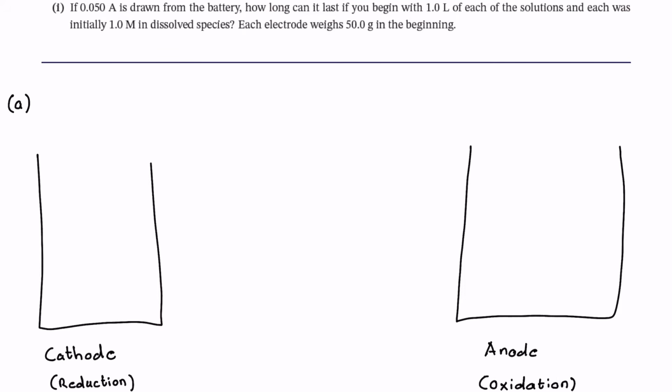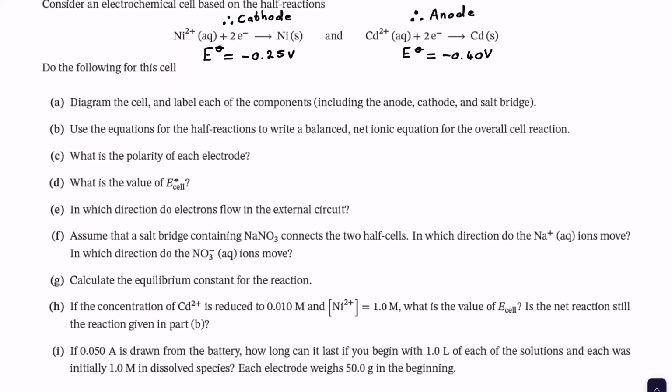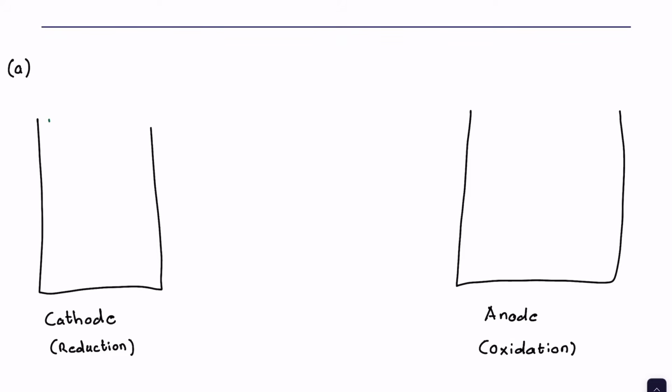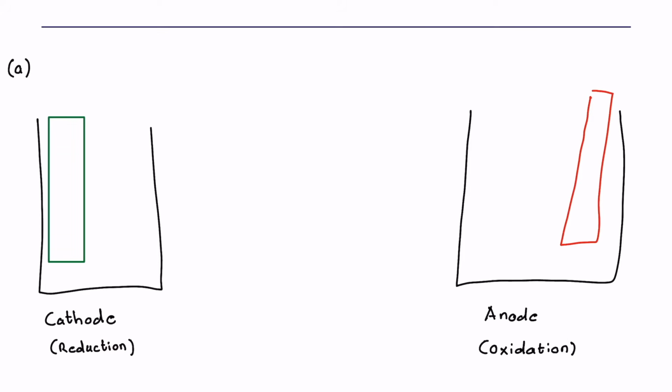Now the next question is, what electrodes need to be placed? So at the cathode, we said it's the nickel electrode, so that means we need a solid nickel electrode here that we will make use of. And just for the sake of it, let's make cadmium. A better electrode color to use is probably something like a yellow or an orange, but that's going to be our cadmium.